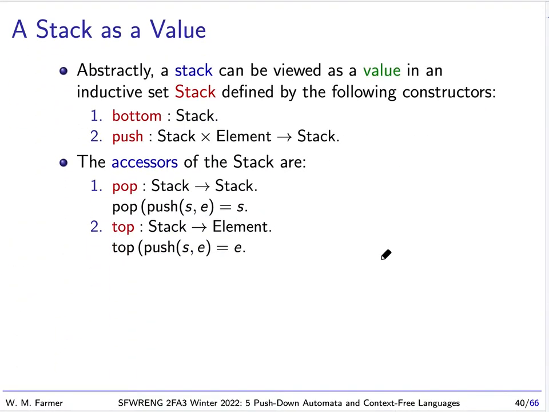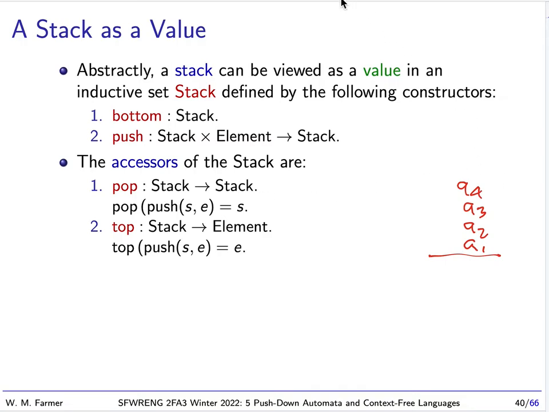Now, once we have these values of stacks, it's useful to try to access certain components of a stack. So remember, if we have a stack like this, we want to get at the components. There's just two ways of doing this. One is pop.